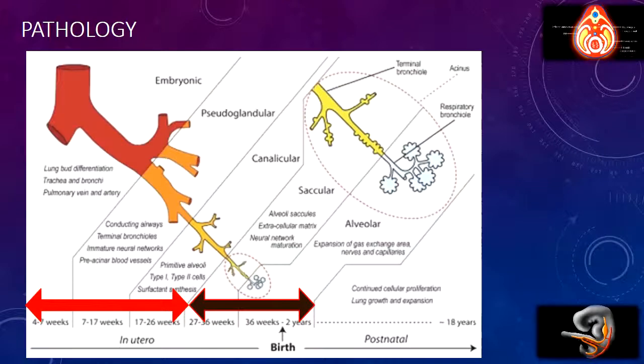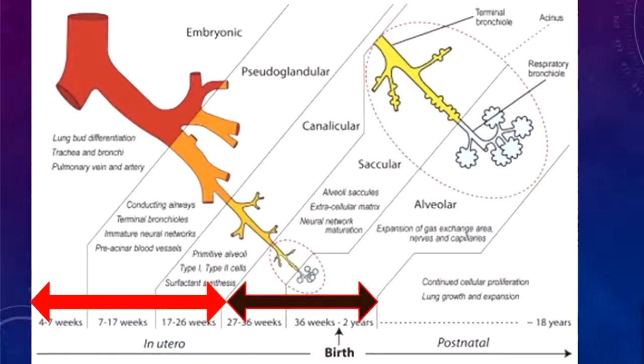But how does the congenital diaphragmatic hernia affect lung development? For that, we have to know in short about lung development. The lung goes through different developmental phases: the embryonic, pseudoglandular, canalicular, saccular, and alveolar phases.